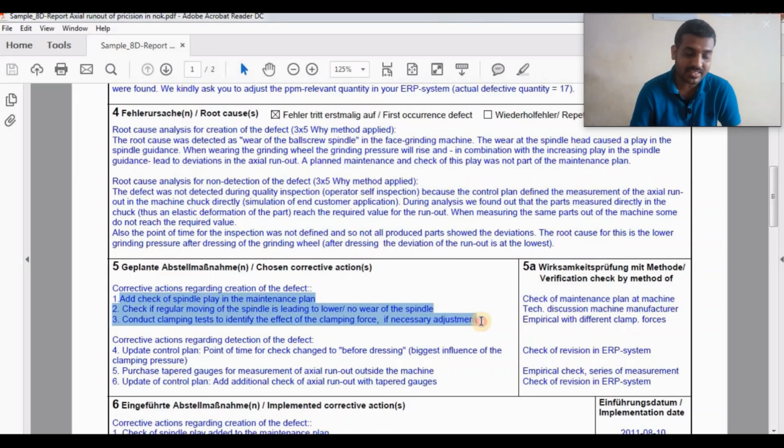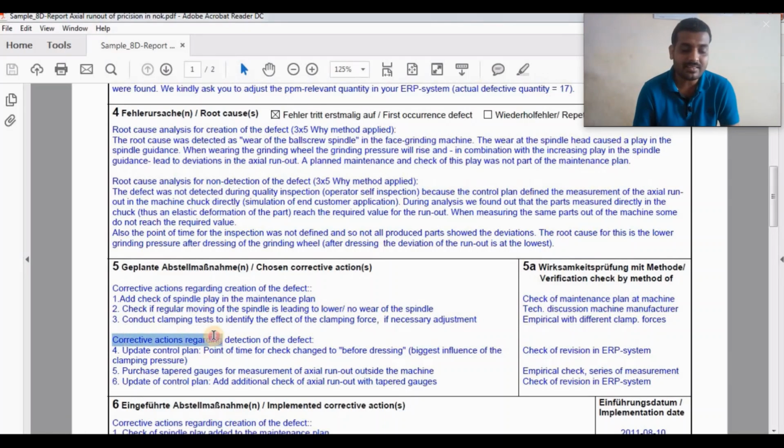If necessary, adjustment is to be done. Like this way they have chosen the corrective actions. For detection of the defect they have chosen the corrective action of updating the control plan. Also you can have the POCA for the detection of the defect as well. So this is about choosing of corrective action.